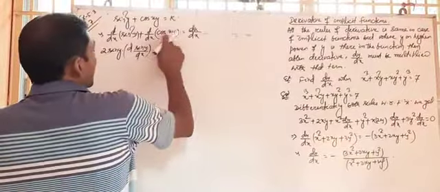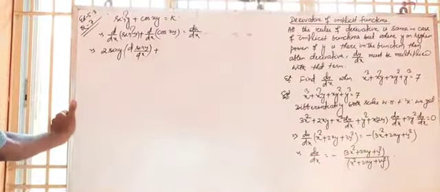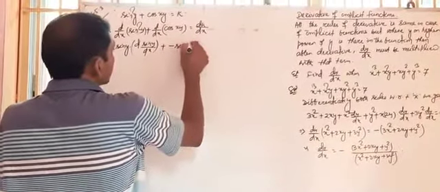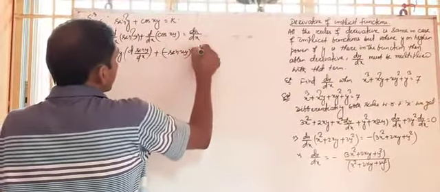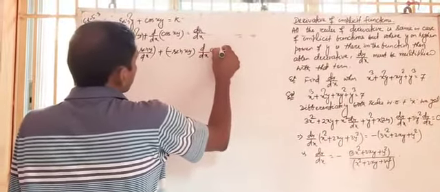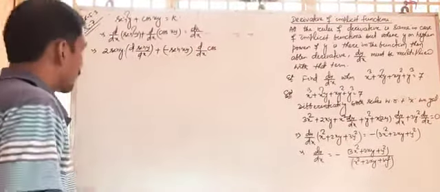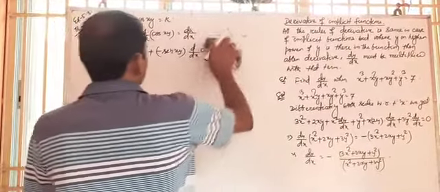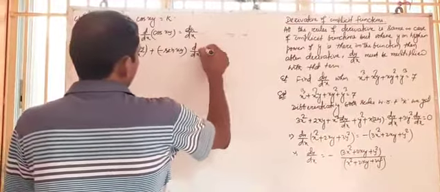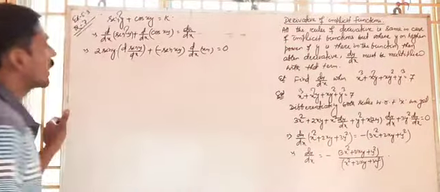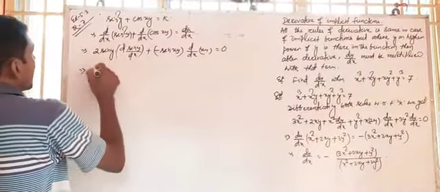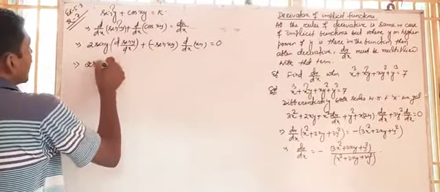Plus, here it is in the form of cos theta, and the derivative of cos theta is minus sin theta. So you can write minus sin xy into d by dx of xy, equal to the right hand side, 0. This implies it is 2 sin y.